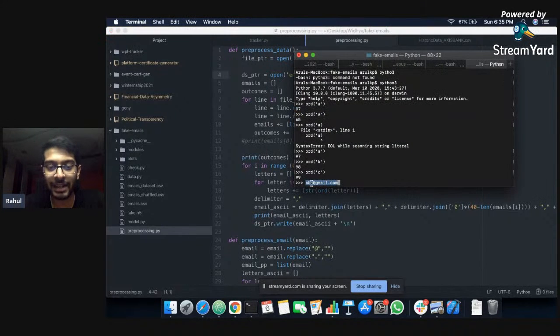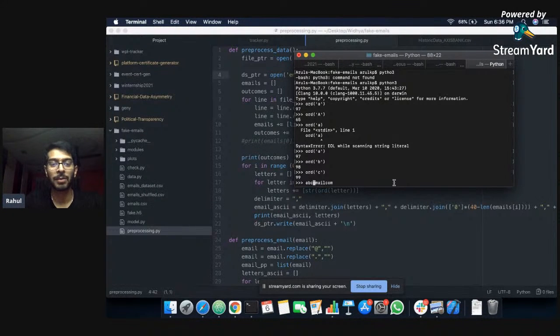For example, in an email ID like abc@gmail.com, what really matters to me is probably the ABC, the Gmail, and the com part, the text part. I think the dot and the at the rate sign don't really provide a lot of information.